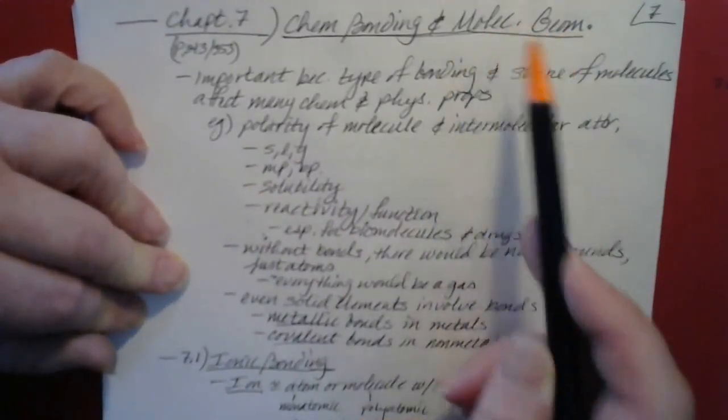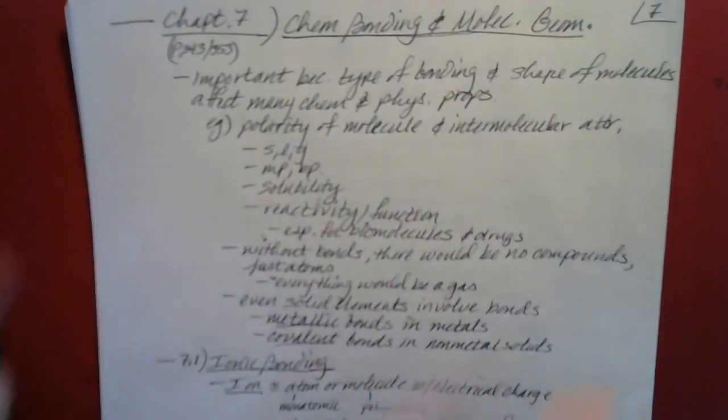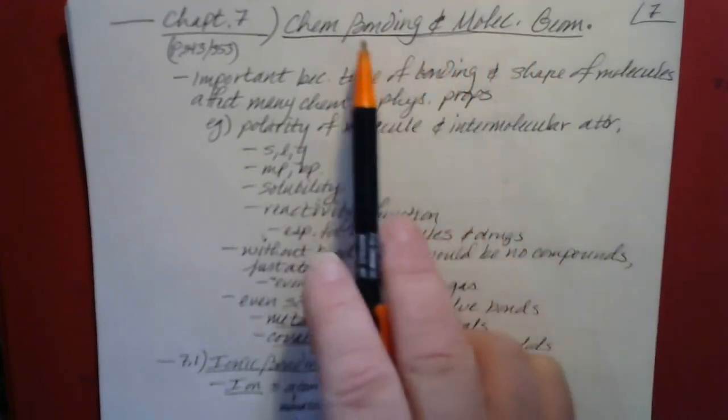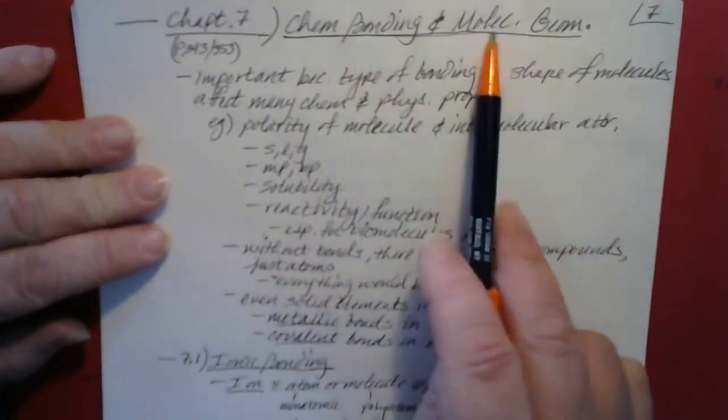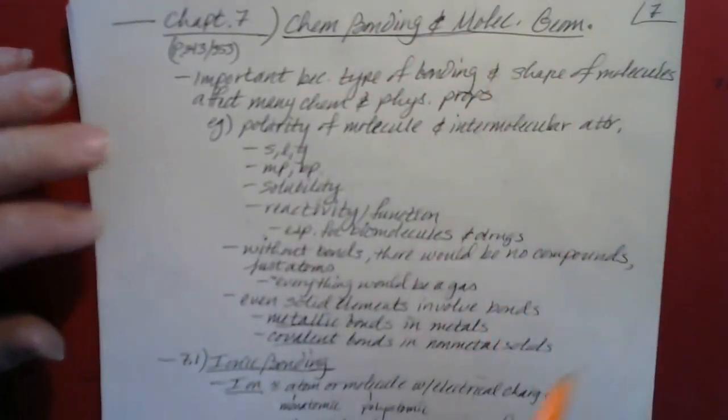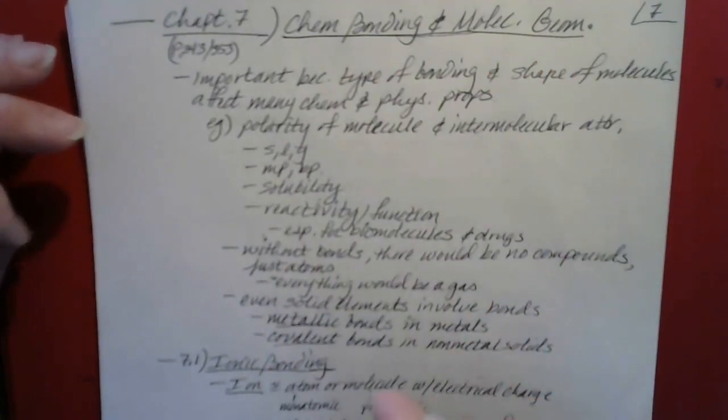Molecular geometry is also very important because it's about the shapes of the molecules, and the shapes of the molecules control a lot of things like chemical properties and also physical properties. Things like solubility is controlled largely, somewhat by chemical bonding, but also by the molecular shape, and also function.